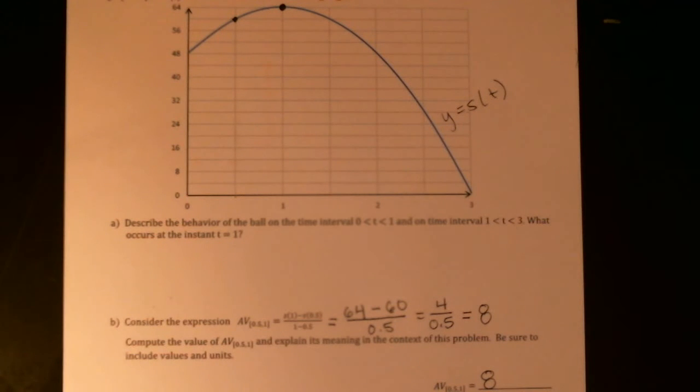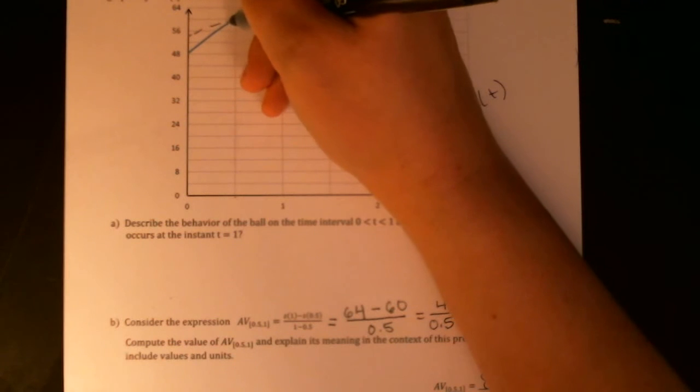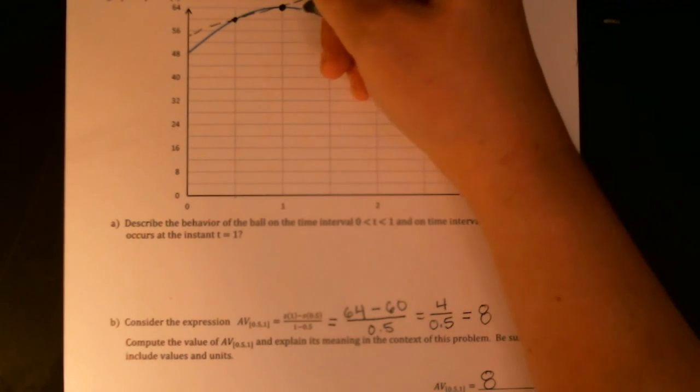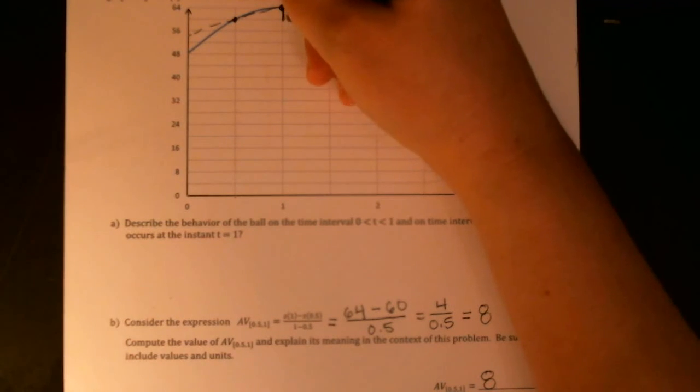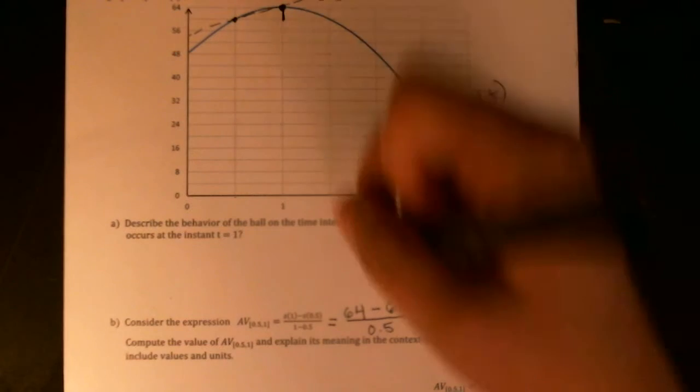If we want to get the units out of this, we can just look at what we just did. We basically calculated the slope of the secant line that goes through these 2 points. So the 4 is the change in y, which in this case is height in feet.